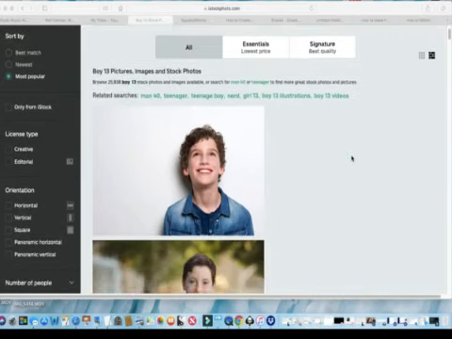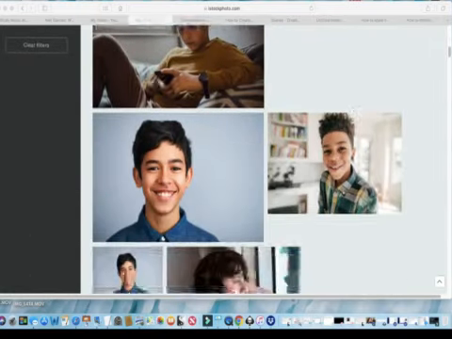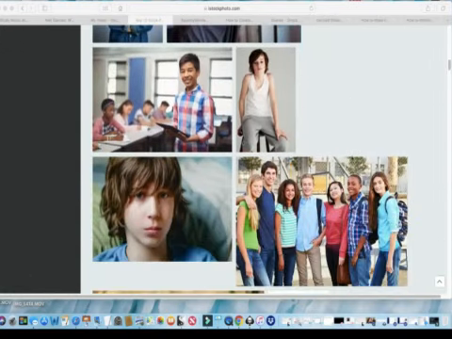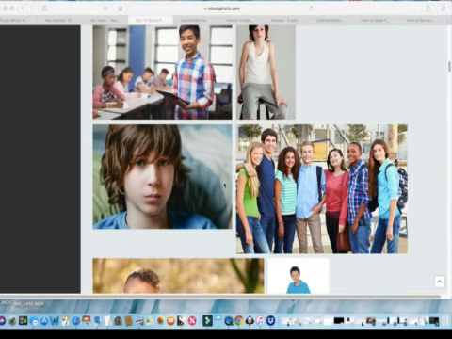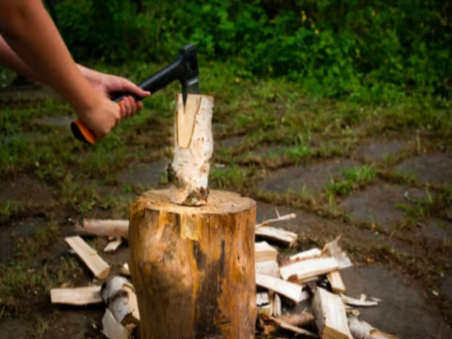If I type in boy and 13, let's see what comes up. This is a photo that makes me think Finch, so I'm going to use this face to inspire the rest of my physical description. Long hair over his eyes the colour of a cold ocean. I'm going to make him tall for his age and slim, almost bony, but he's strong from all the work he has to do for his grandmother on the island.